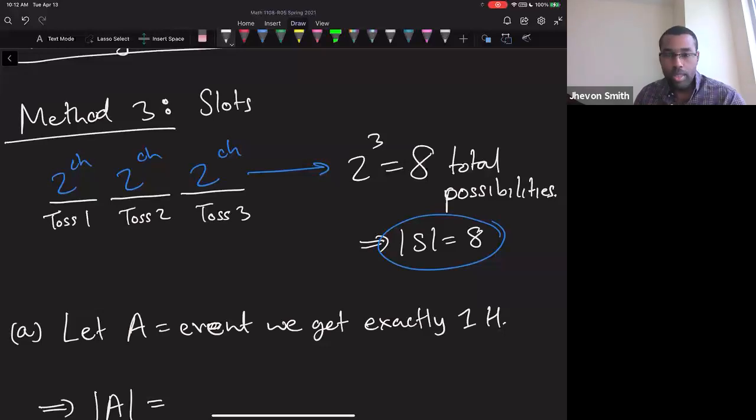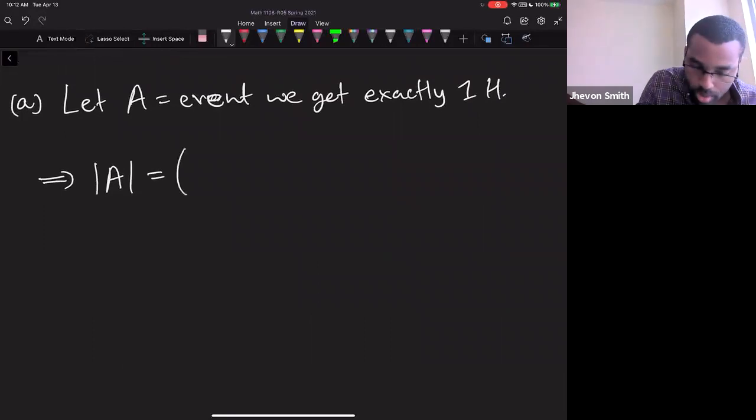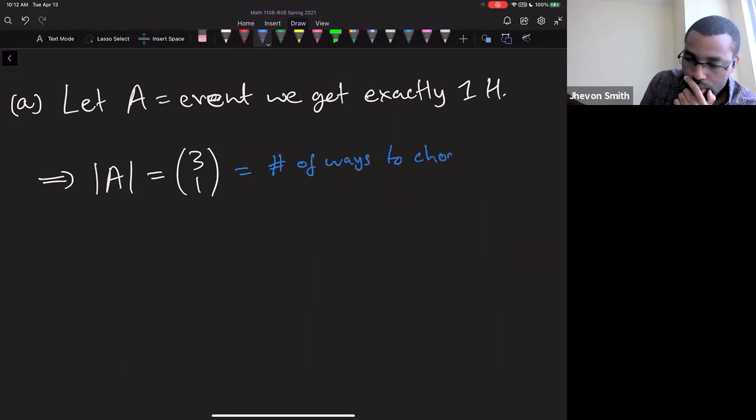That should remind you of something called a combination. So that would be 3 choose 1, right? So this is the number of ways to choose one spot out of 3 to put H in.